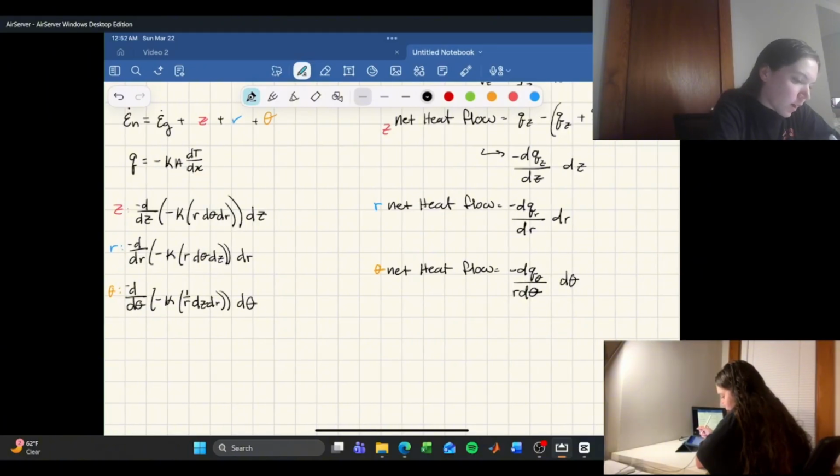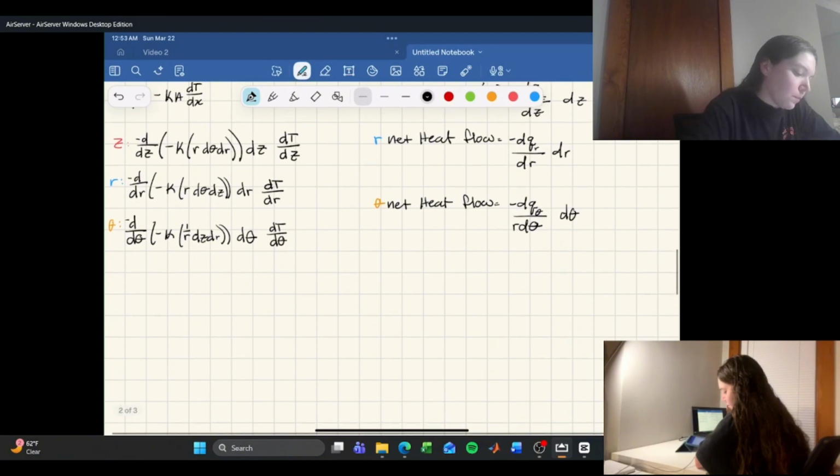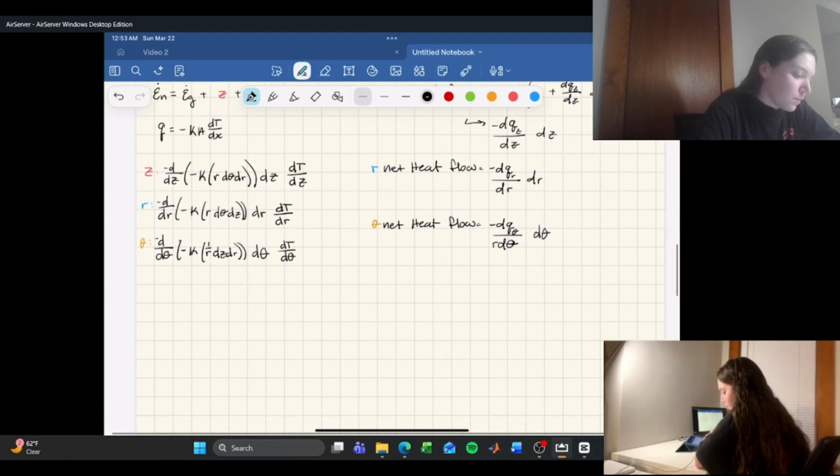So we have to plug those into the heat flow equations here. This is the change in temperature over change in position in the z direction, change in temperature over change in position in the r direction, and change in temperature over the change in theta. So now let's plug all these in.